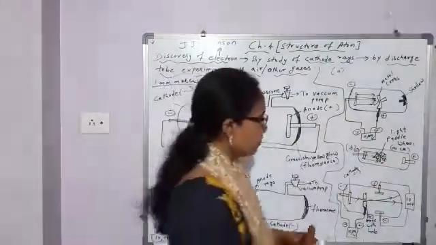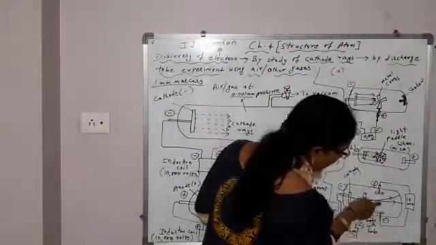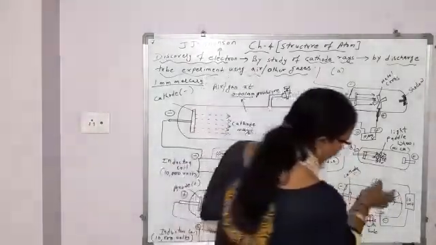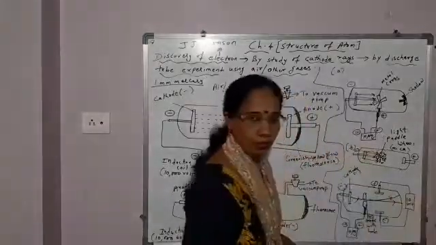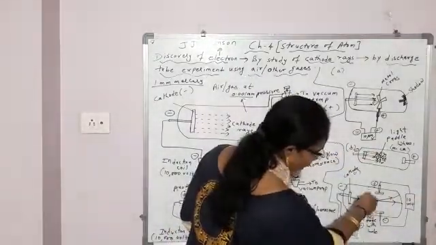Then third, in the path of cathode rays, an electric field was applied. A low voltage of around 10 volts was applied, and the anode taken was an anode with a hole.